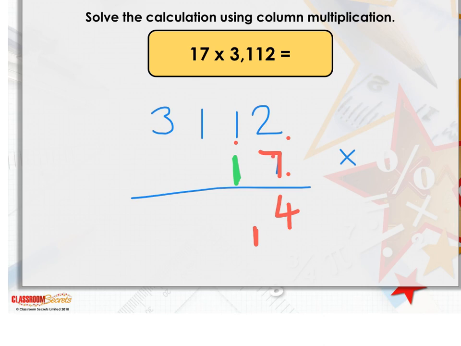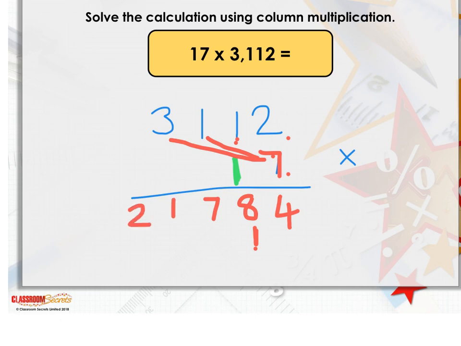So we're going to do 7 times 1, which we all know that is 7. Add this one down here that we carried earlier, so we've got 8 tens altogether there. Nice and easy. Let's go on to our hundreds column now. 7 times 1 is 700, and 7 times 3 is 21.